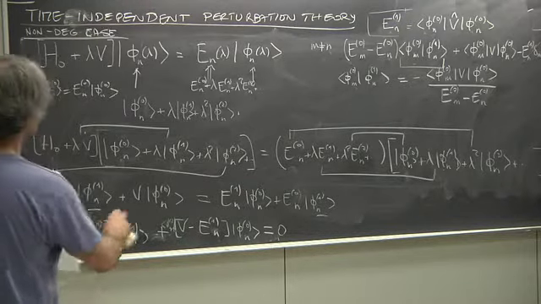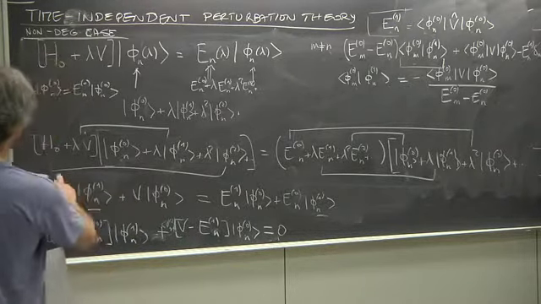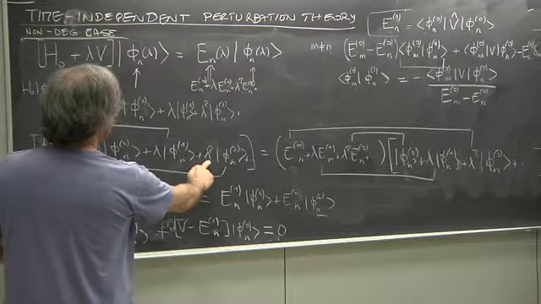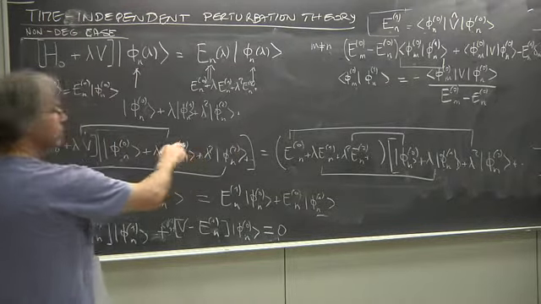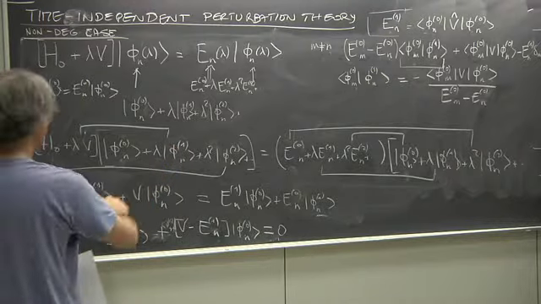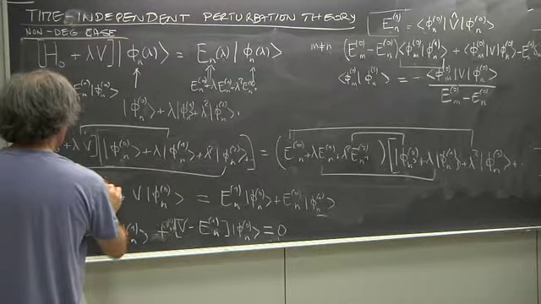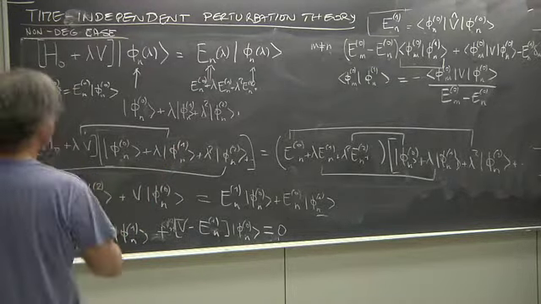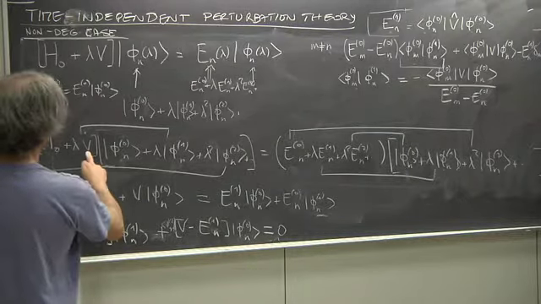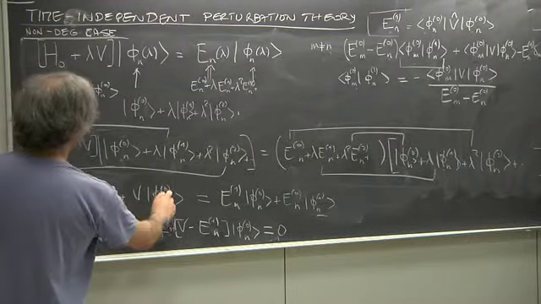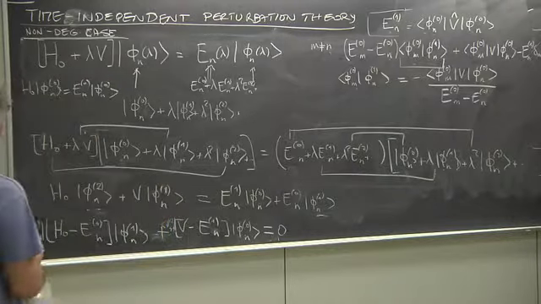So let us see those terms. I have H0 times lambda square phi 2. By the way, lambda square is everywhere, so if I write just the coefficient of lambda square, I can drop it. So this is there. Then I have V times phi 1, which is there, okay?